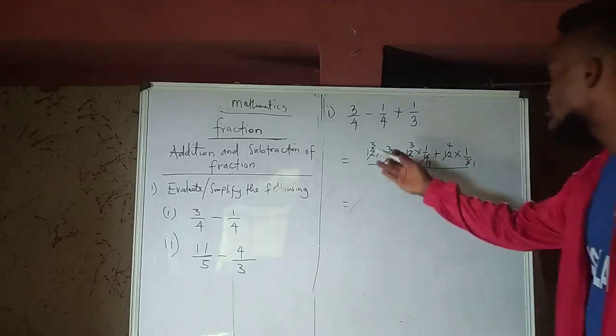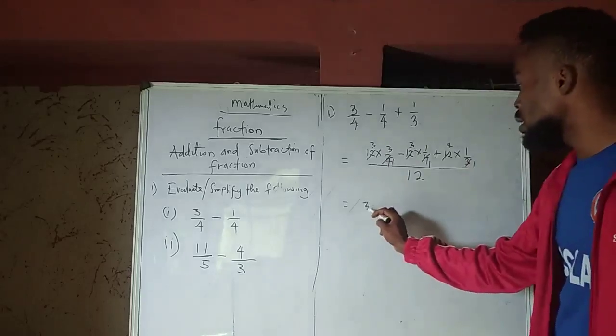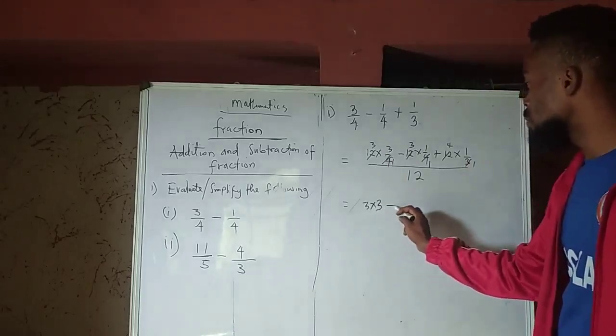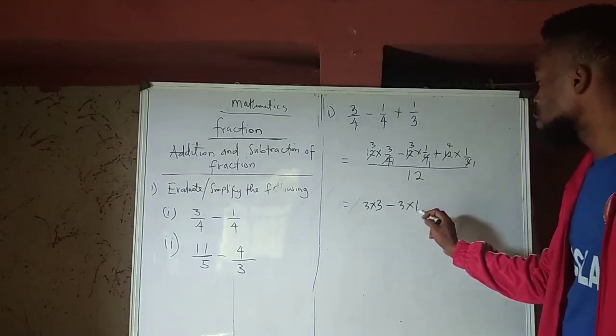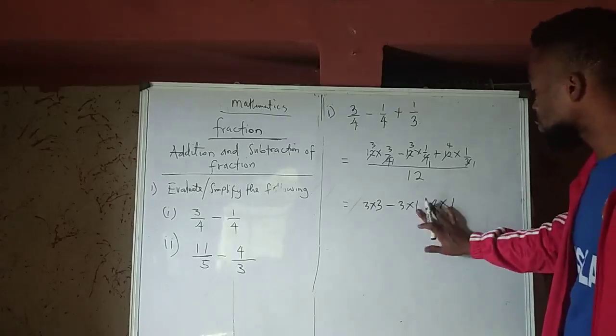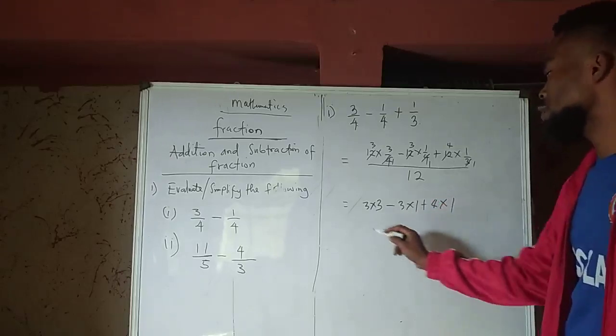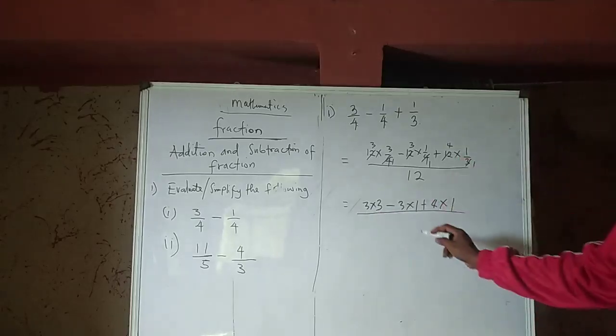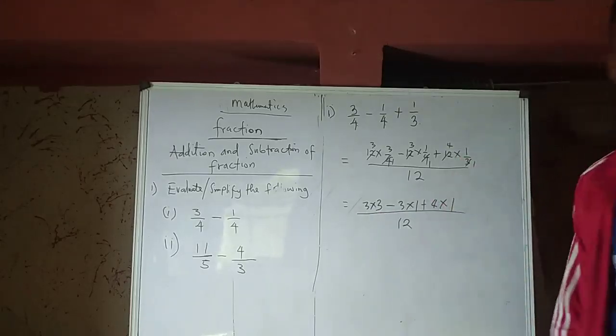So up here what is left is 3 times 3 minus 3 times 1 plus 4 times 1. That's what I have up there, all of those divided by 12.